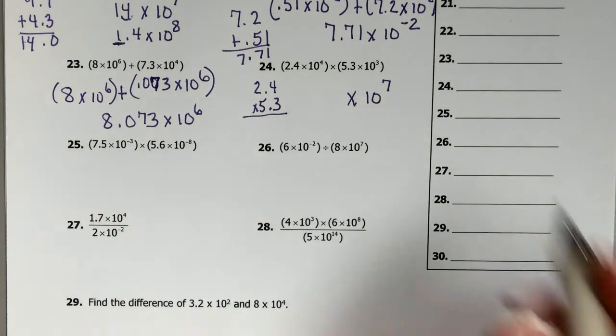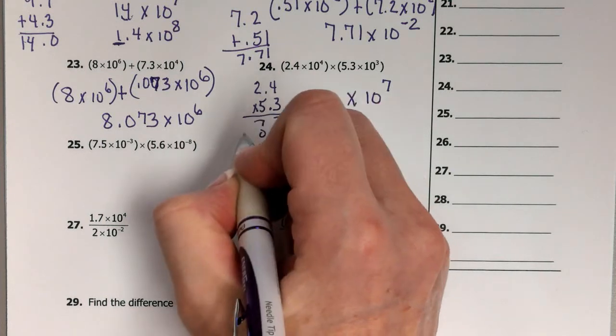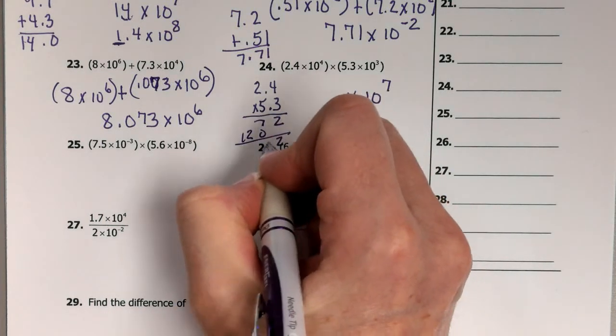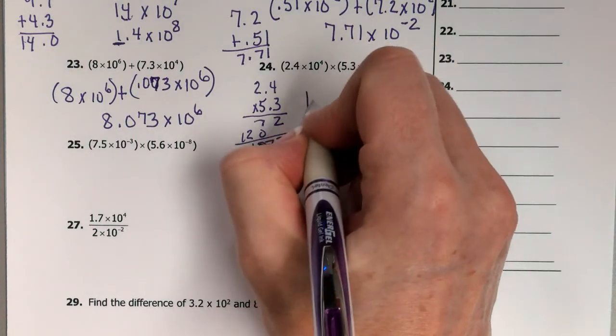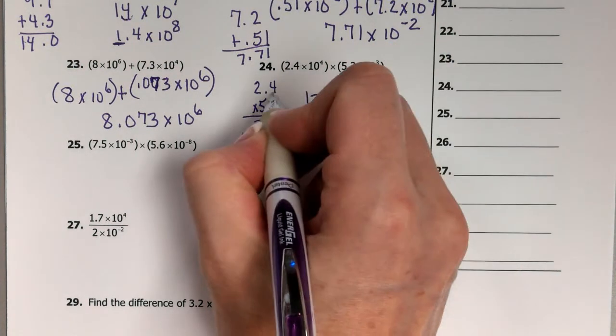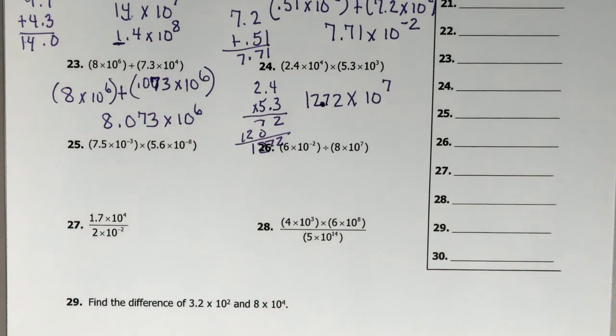We're going to just old school it here. So what do we got? 12, 7, 20, 12, 2, 7. So I've got 1272. You can't really read it, so I'm going to put it over here. And right now it's 12.72 times 10 to the 7th.